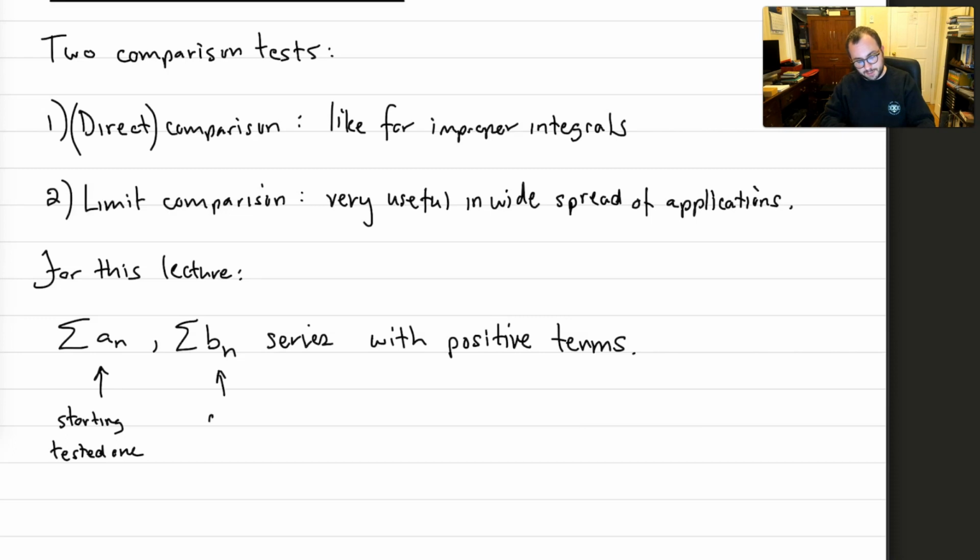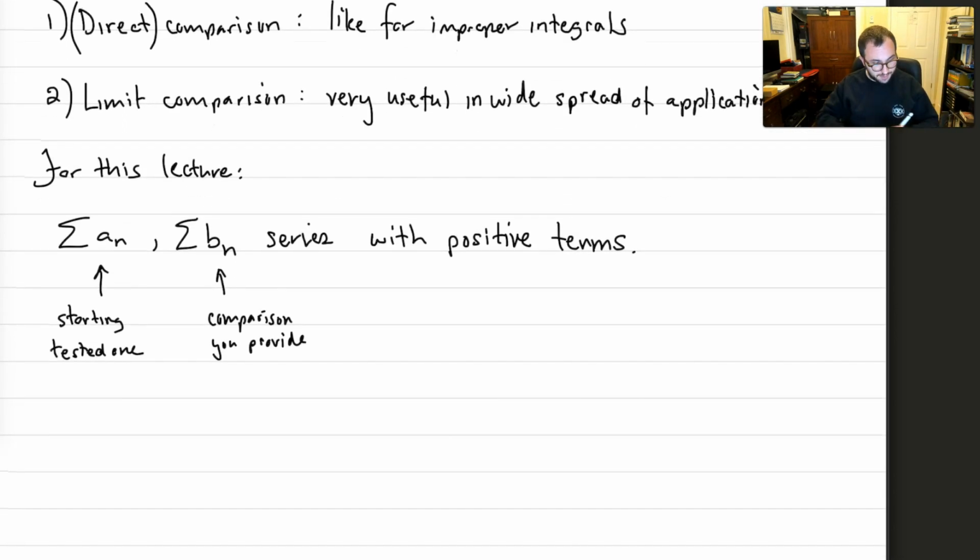And Bn is going to be a comparison that you provide. Just like in the integral case, you have to actually provide another series to compare to the one that you have. And usually it's straightforward as to which series to compare it to, but you still have to be a little clever sometimes. So, the direct comparison test, so theorem.